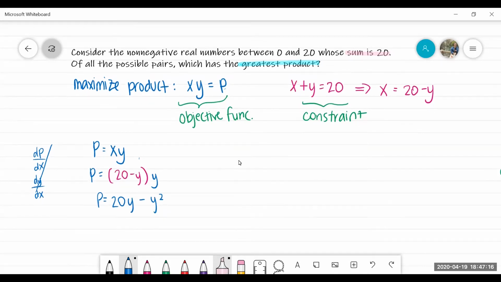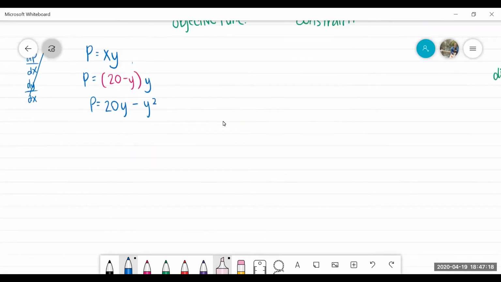That's actually our next step. Okay, so now let's take the derivative. Let's differentiate with respect to y, because that's the variable that we've got, right? Had we solved the other way, which you could have, right? You could have solved for y instead of x, substituted in the other direction. That would have been okay as well.